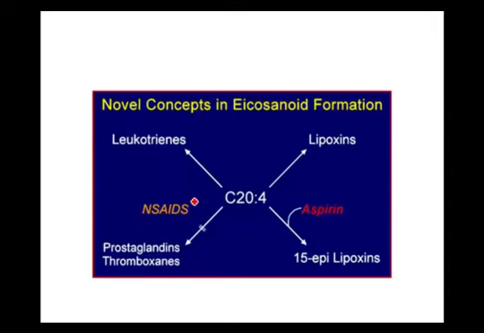Now, if you give an NSAID, ibuprofen, ketoprofen, some of these others, they inhibit the production of prostaglandins and thromboxanes from these polyunsaturated fatty acids. If you give aspirin specifically, it converts these polyunsaturated fatty acids into what's called 15-epoxy or epi-lipoxins.